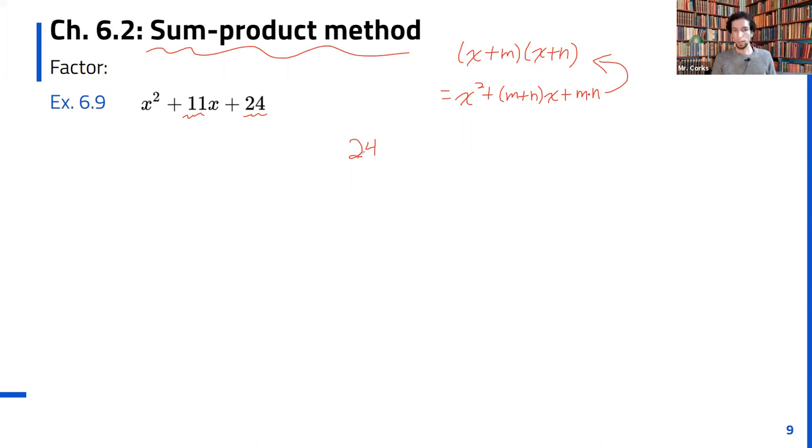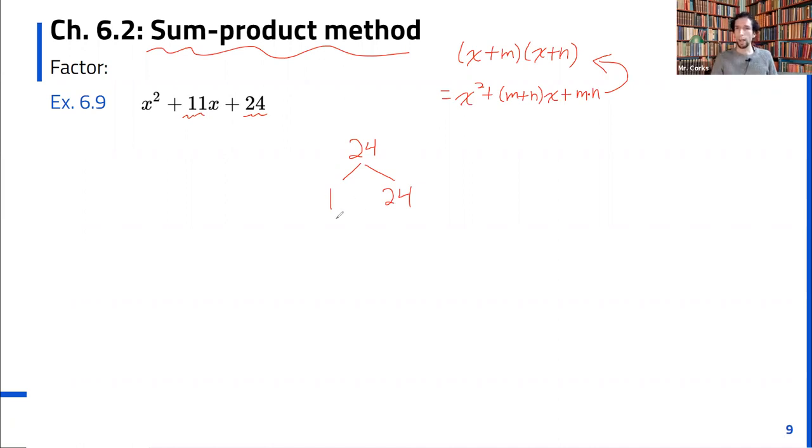Okay, so 24, we want a product. So two numbers that multiply together to give 24. So we just look at what the easy factors of 24 are. 8 and 3. Okay, well, there's an even easier one, like 1 and 24. That could be the solution, so we include that.